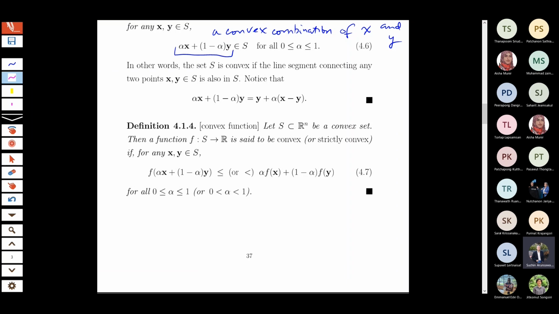And if we add the word strict to the convex function, then for a strictly convex function we change the sign less than or equal to, to a strict inequality, less than.